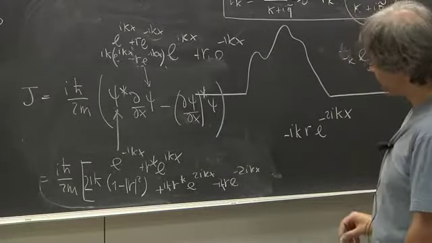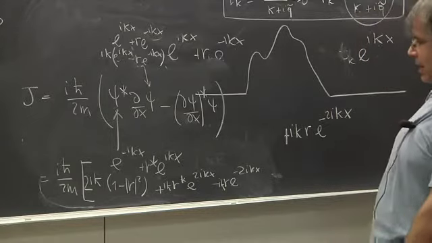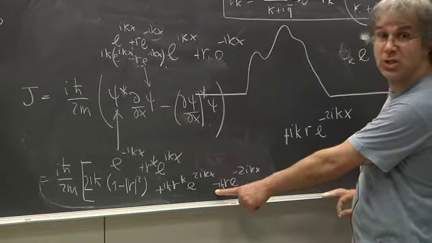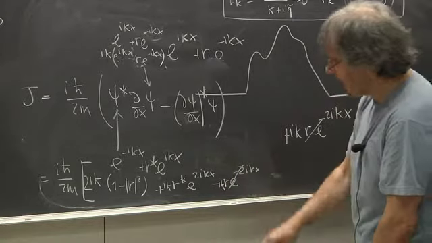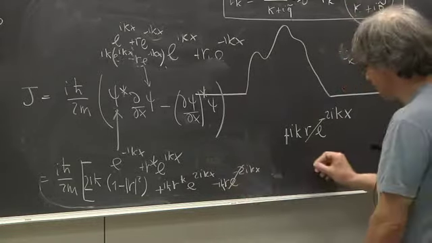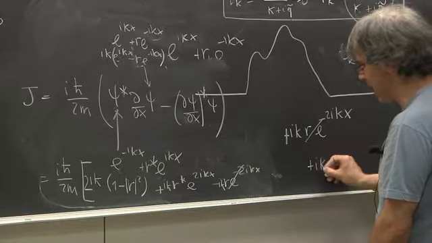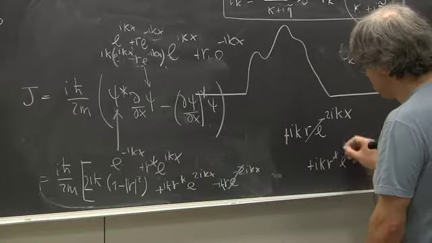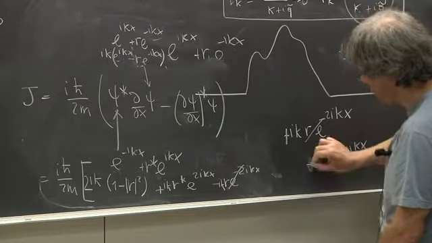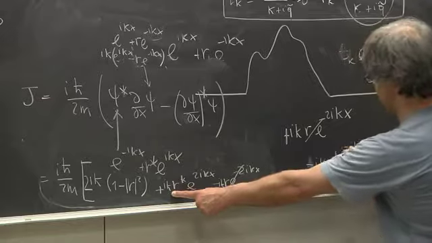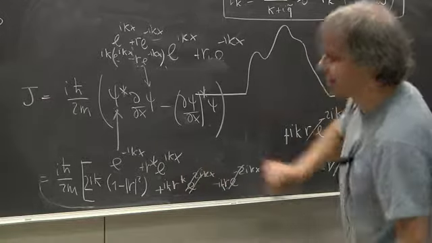I have to subtract it, which means I put a plus. And you see it's exactly the opposite of this term, so this and this cancel. And again, the star of this is plus ik r star e to the 2ikx, but I have to subtract it, so I put a minus, and it is exactly that. Zack, zack, zack, zack.